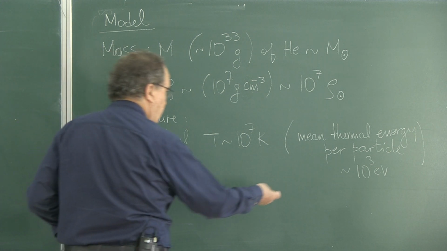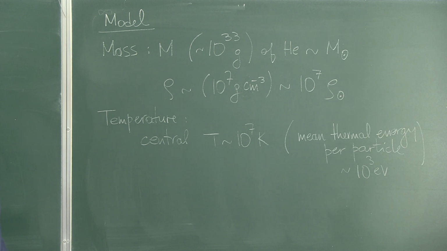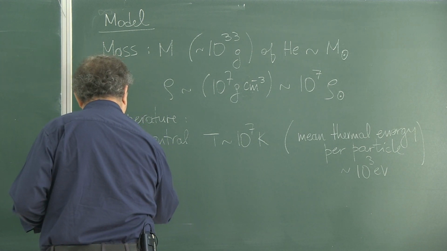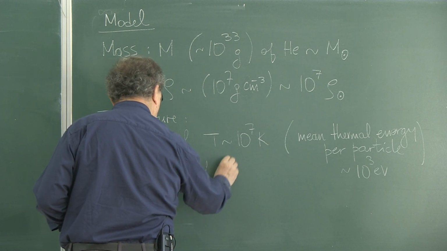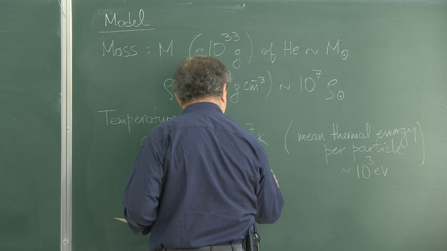So what does that mean? It means that, well, it has a physical consequence. This simply means that all helium atoms are ionized. This is too much energy per particle. So the whole of helium is completely ionized.